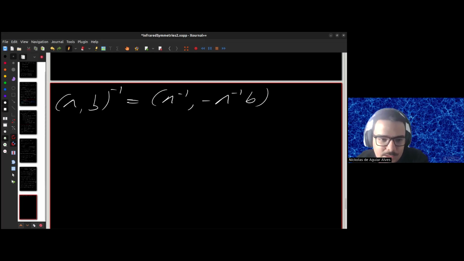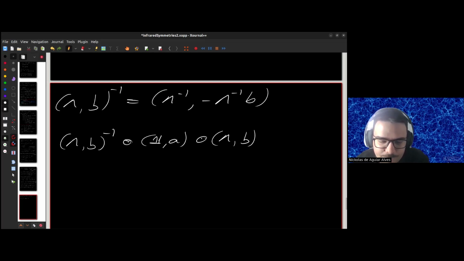Now let me consider a particularly funny expression with the Poincare group elements and with translations. I'm going to pick (lambda, b) inverse times a pure translation times (lambda, b). First, I'm going to just open up this inverse, using this equation over here, and what we get is this expression, which is just what we just wrote.